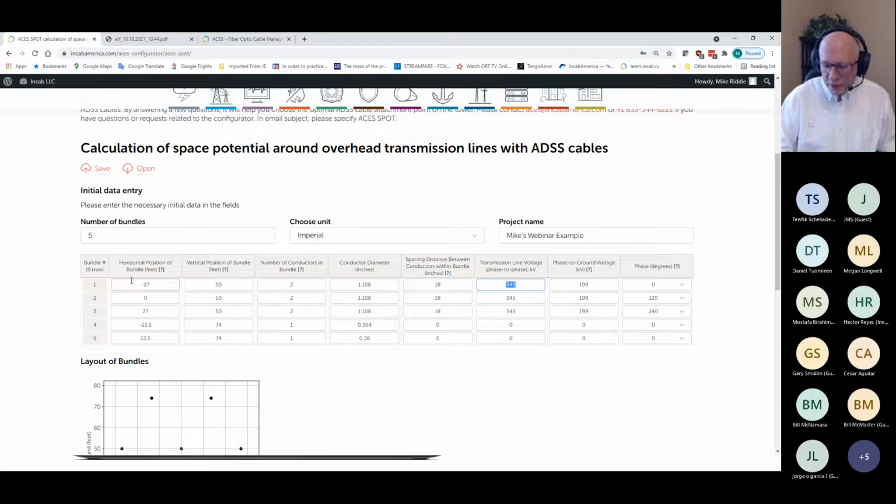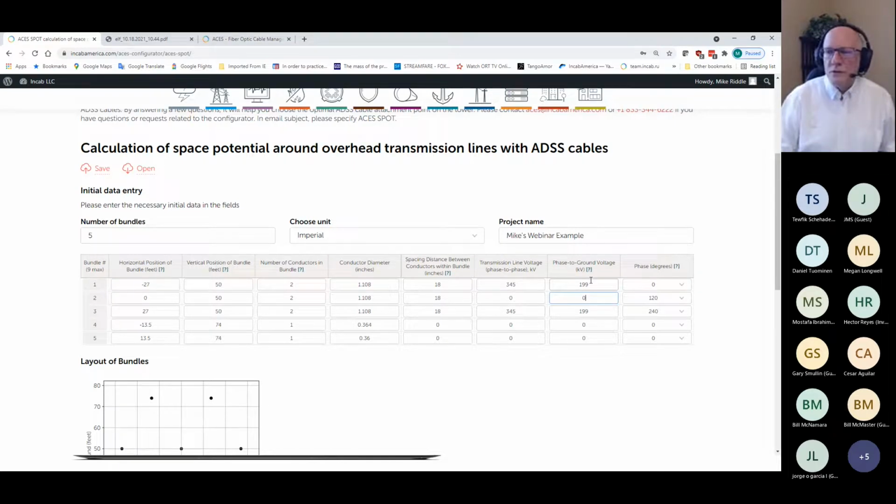Here, you could either put in the line-to-line voltage, or if you want to, you could put in the phase-to-ground voltage. If you put in the phase-to-ground voltage, it'll calculate the line voltage, or vice versa. But it's usually easier to put in the phase-to-phase voltage.